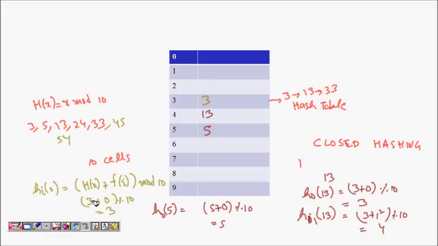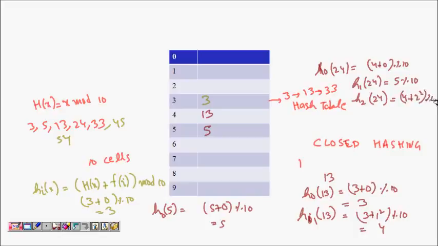Next we have 24. h_0(24) is 4 plus 0 mod 10, so it is 4, but 4 is already occupied. h_1(24) is 4 plus 1 squared, so 5 mod 10, but 5 is also occupied, so another collision. h_2(24) is 4 plus 2 squared, so 4 plus 4 is 8 mod 10, so 24 will come here.